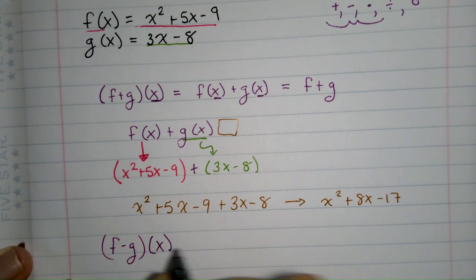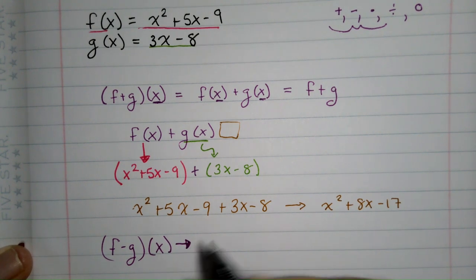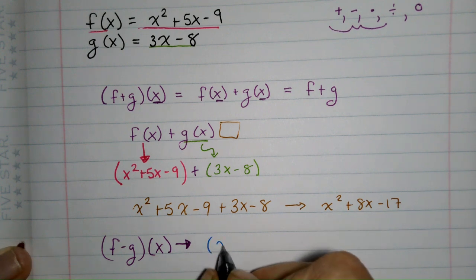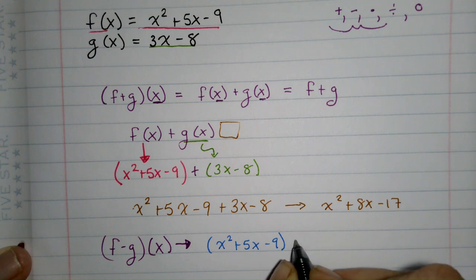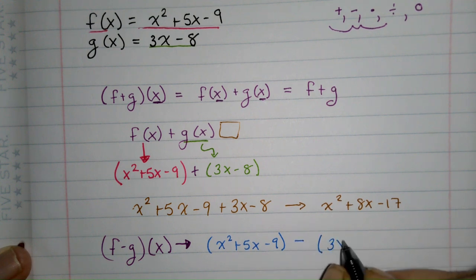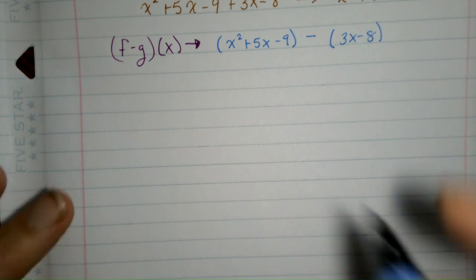I'm going to use arrow notation since technically there's no equal sign. So f minus g of x. Well, I'm going to take my f equation minus my g equation. Then I'm going to be very careful there because that minus sign does need to distribute.